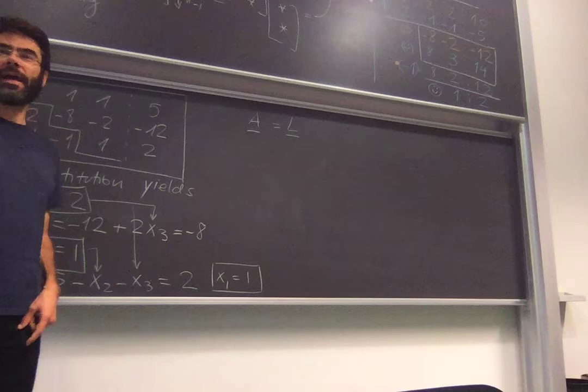So let's check this entry here in the program. How do you do that? You take the first row here and you multiply it with the second column here. So 1 times 1 and then zeros, so it's 1. That's correct, there was a 1.